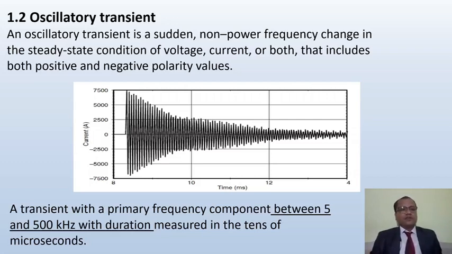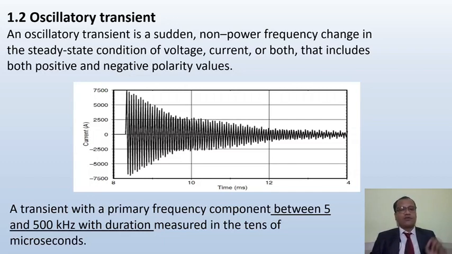So here the oscillatory transient is a sudden non-power frequency change in a steady state condition of voltage, current or both, that includes both positive and negative polarity values. So here is again the point of difference: in the case of an impulsive transient it is only in any one direction, but in an oscillatory transient it is from positive and negative polarity values.